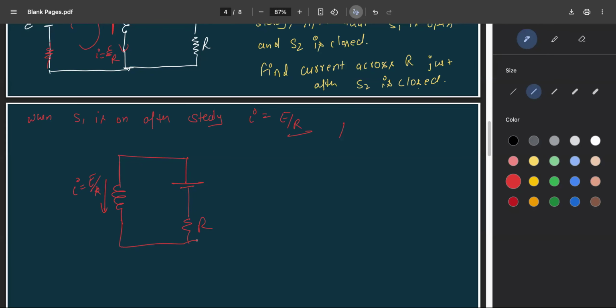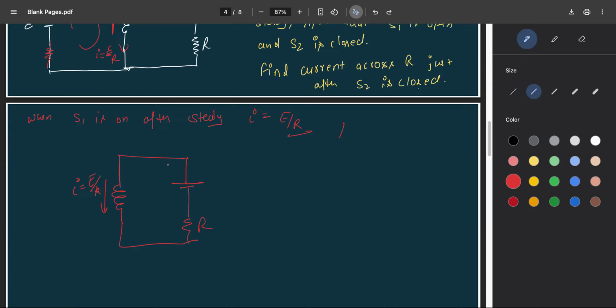Clear? E by R. So what will happen at this moment? You know pretty well that whatever the changes will be at the very instant, if I ask you what is the current at the moment, this is the current, right?